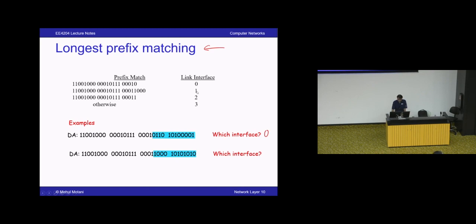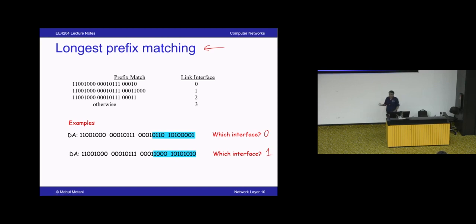So what interface will this packet be forwarded on? Right, because you can see that the first 24 bits match here, right? This is 00011000. Right, so this will get forwarded on interface 1.